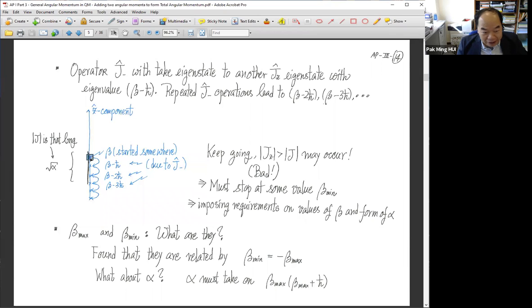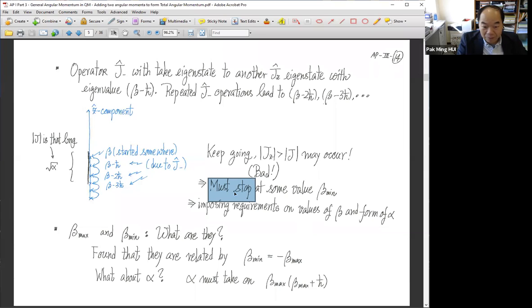It takes the eigenstate to yet another eigenstate with beta minus h bar eigenvalue, and then lower by h bar and lower by h bar, and so on. It could go off bound. This is the length of the vector. If it does go off bound, something is unphysical. Therefore, we must stop it. So there is another criterion that emerges here.